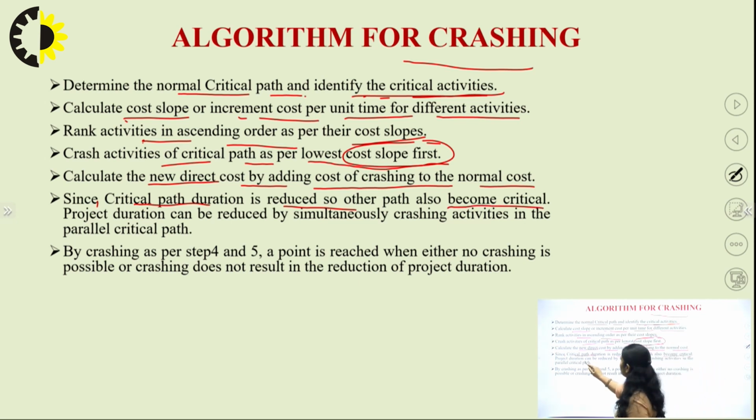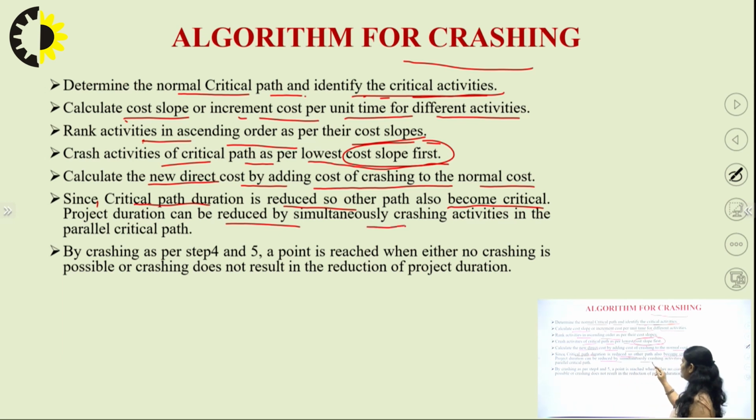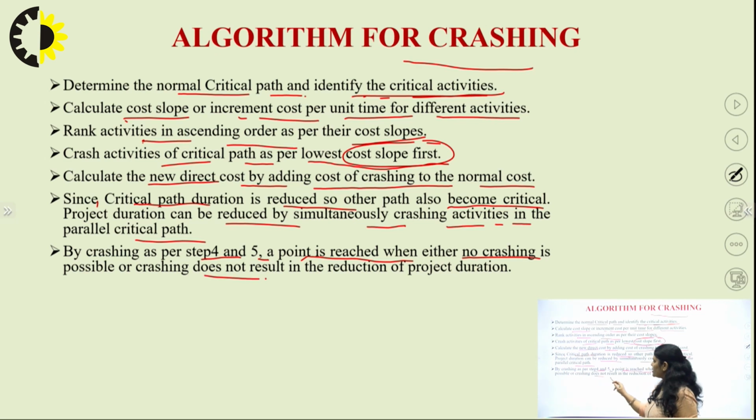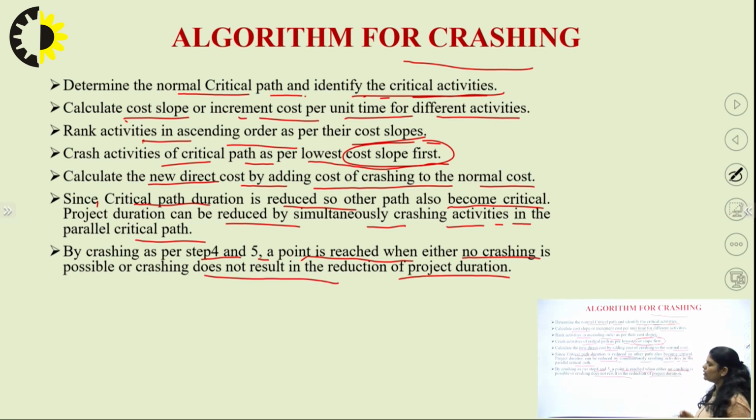Project duration can be reduced by simultaneously crashing activities in the parallel critical paths. By crashing as per steps 4 and 5, a point is reached when either no crashing is possible or crashing does not result in the reduction of the project duration. So for the crashing process, we find out the cost slope and arrange the activities as per their cost slope.